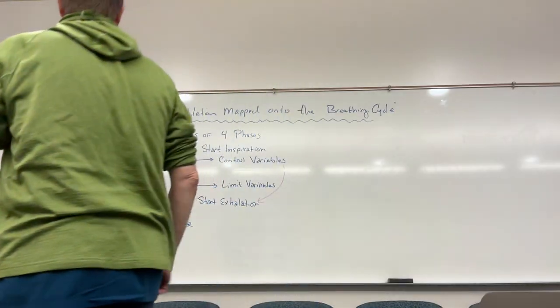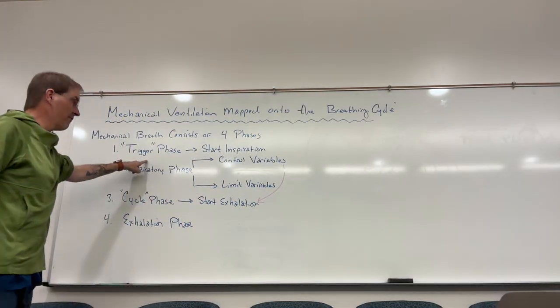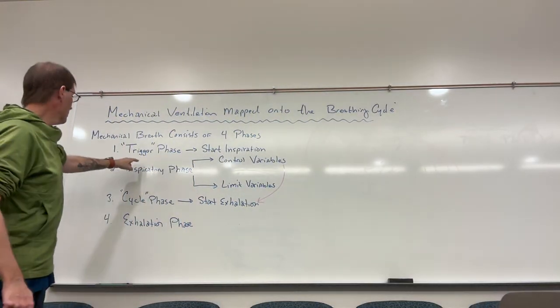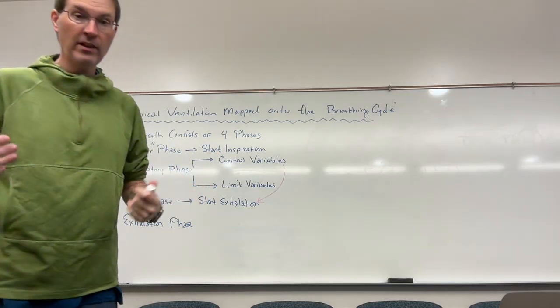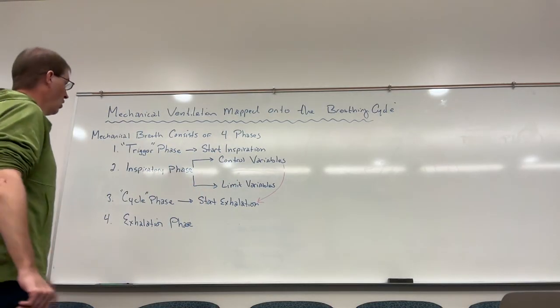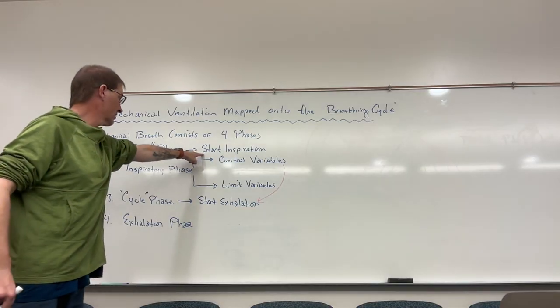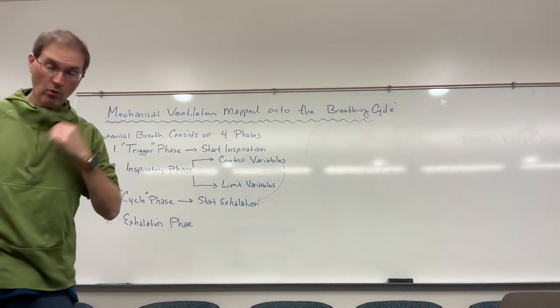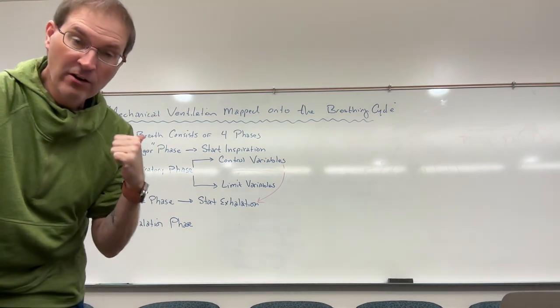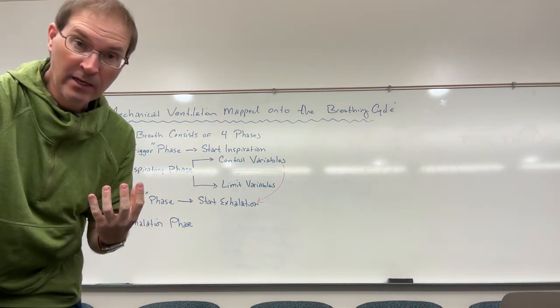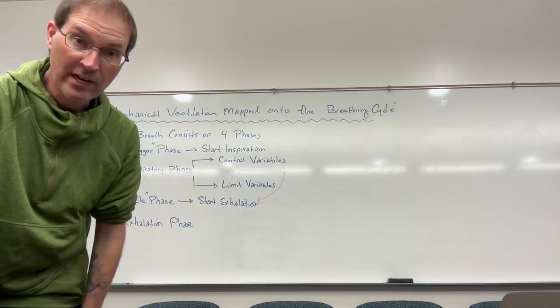The first phase is what we call the trigger phase. Whenever you see the term trigger in reference to mechanical ventilation, trigger means what starts the inspiration. What variable is that ventilator using to determine the start of inspiration?